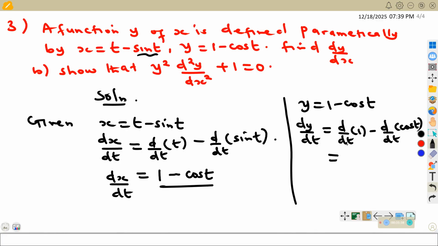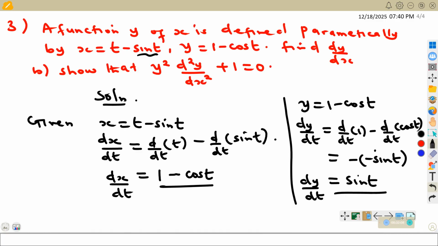When you differentiate 1 with respect to t, you get 0. Then we shall have a minus there. Differentiate cos of t with respect to t, we get negative sine of t. This minus and this will give us a positive, so dy/dt will be equal to sine of t.